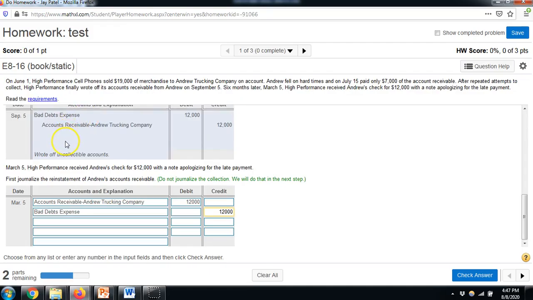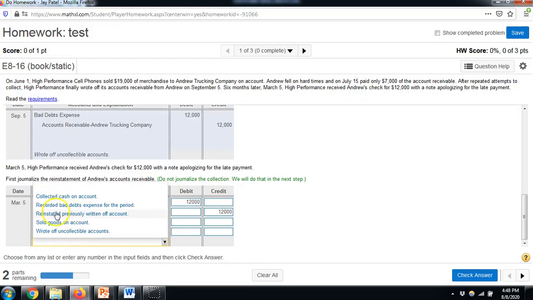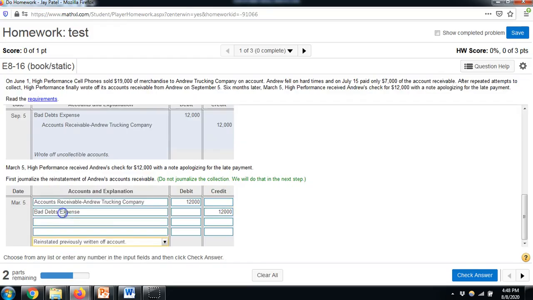Now our accounting balances are going to be back to where they were at this point. And I'm reading the instructions very carefully. First, we journalize the reinstatement of Andrew's account, and we will journalize the second part of this in the next step. So let's check this. So reinstated previously written off account.